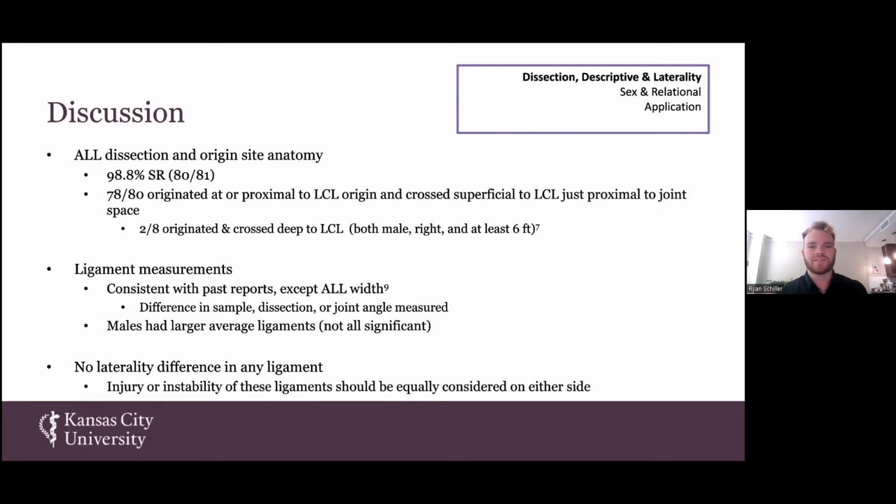But this could stem from a difference in many things, such as the sample, whether they're formalin embalmed or fresh tissue, the dissection technique that was used to identify the ALL, and also the joint angle during measurement. We measured our ALLs during full extension, whereas previous studies have measured them at varying degrees of flexion or also with that varus or internal rotation of the tibia. So this could affect how the measurements come out.